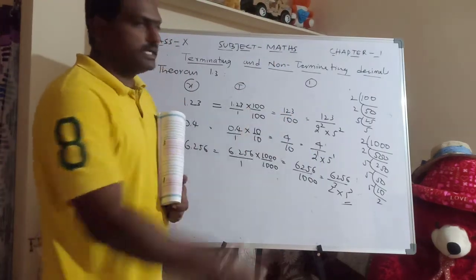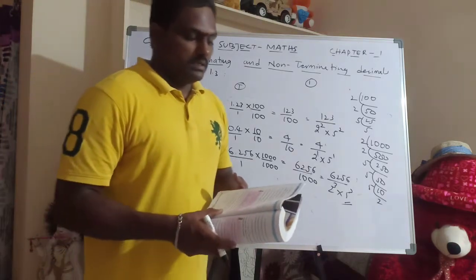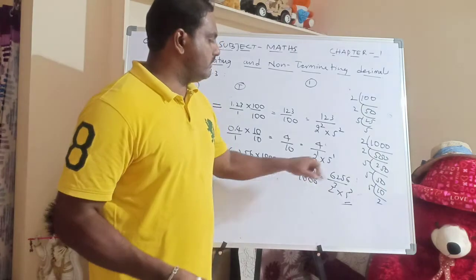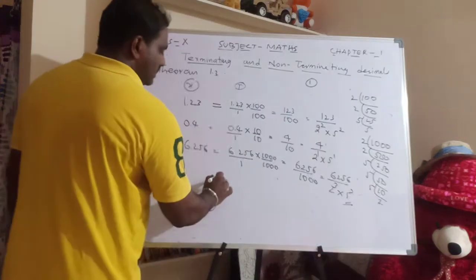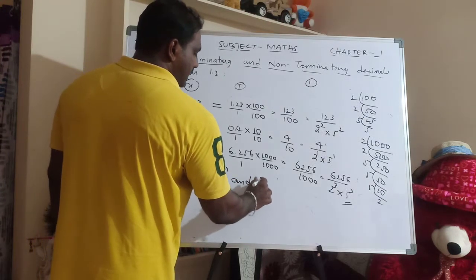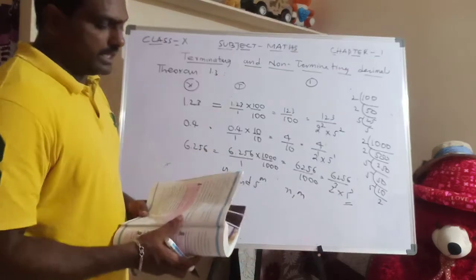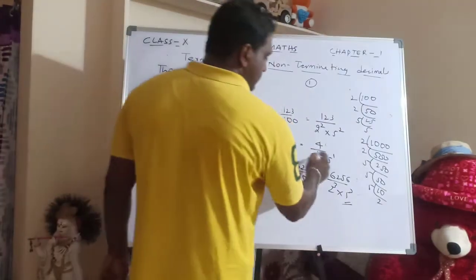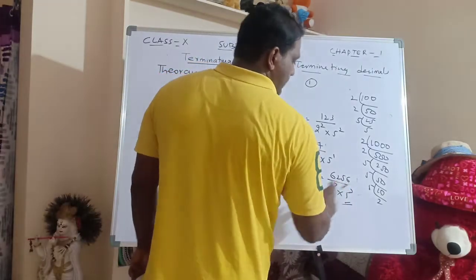So we have to express in co-primes so that q will be in the form of 2 power n, 5 power m, where n and m are non-negative integers because they should not be negative.